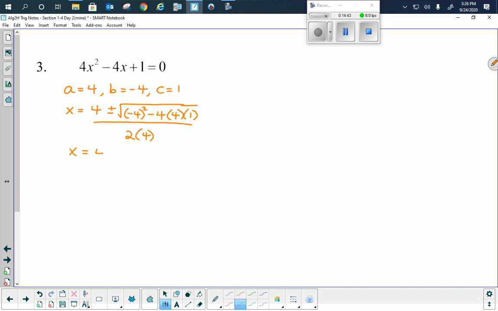So x equals 4 plus or minus, front number better always be positive, 16. -4 times 4 is going to give us -16, all over 8.